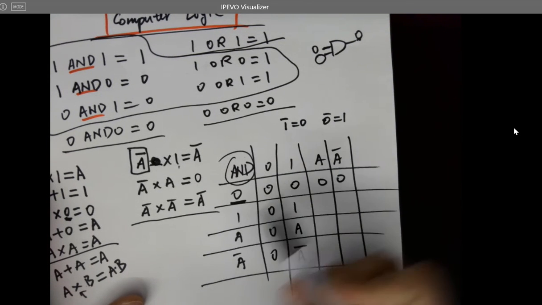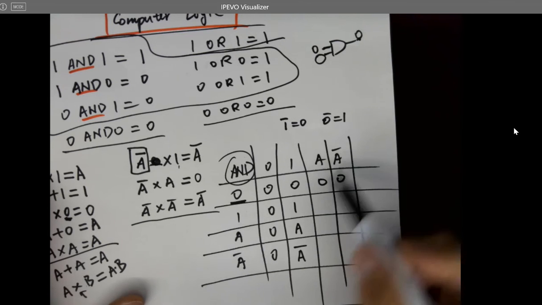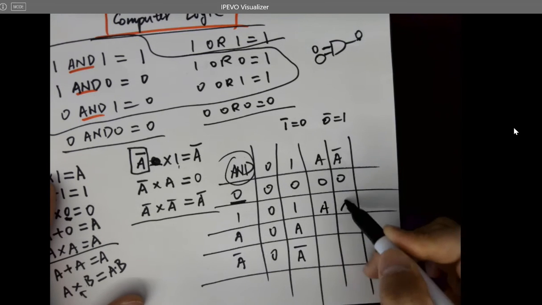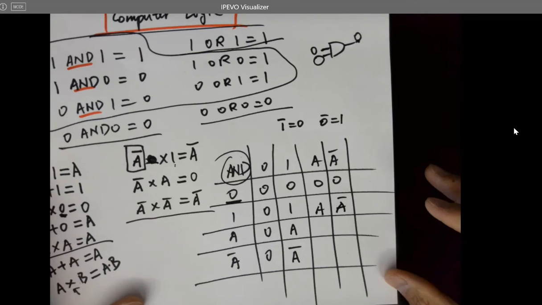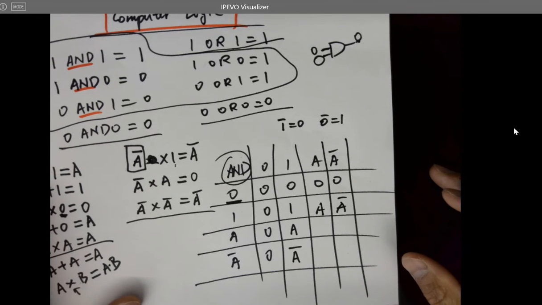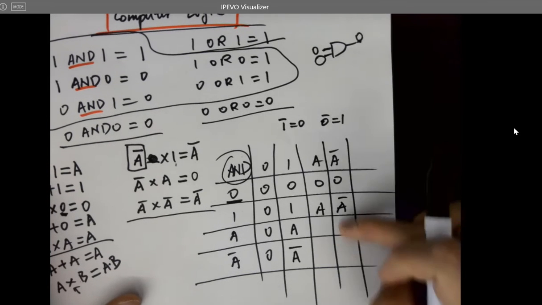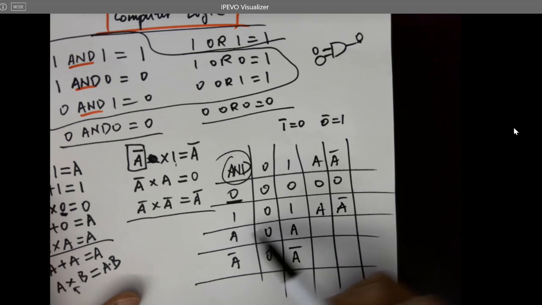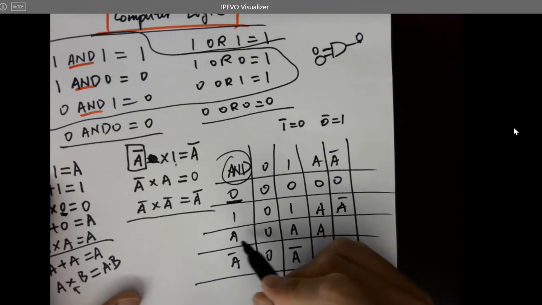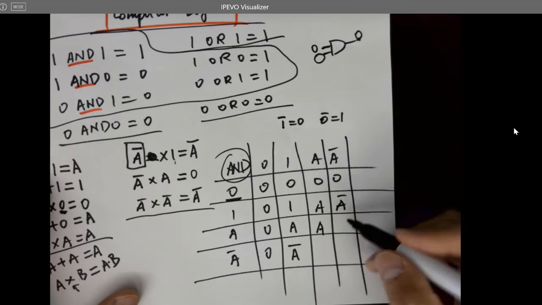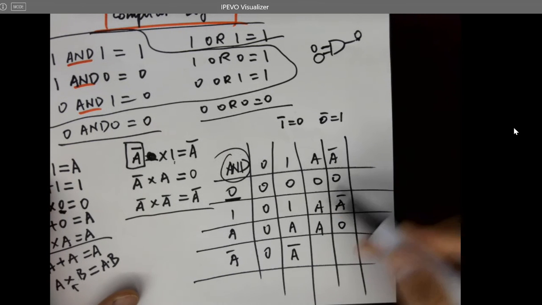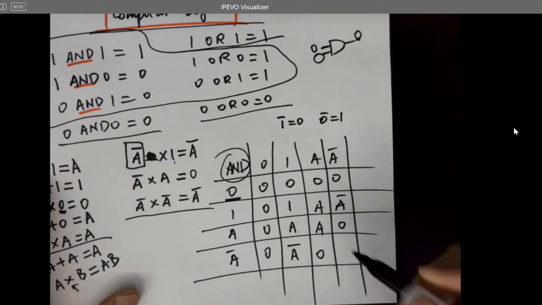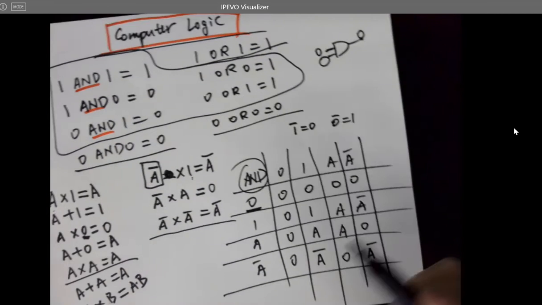Same for this one, 0, 1, A naught. So you can fill up the table really quickly. I only have 4 left. A and A is still A. A and A naught is 0. A and A naught, still the same thing, is 0. A naught and A naught is A naught. So done for the table.